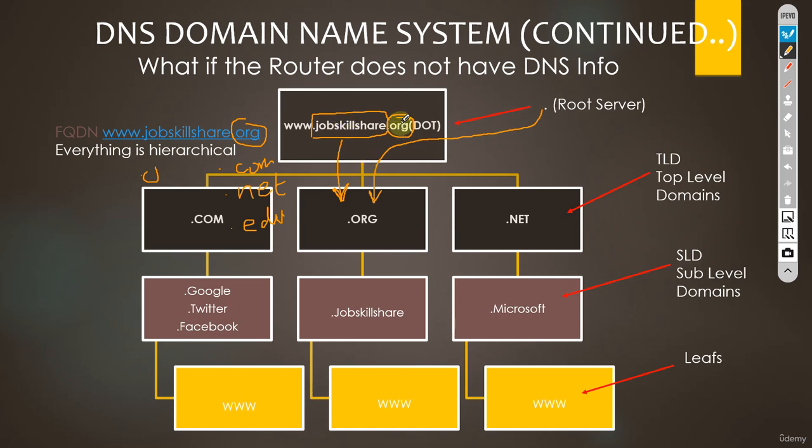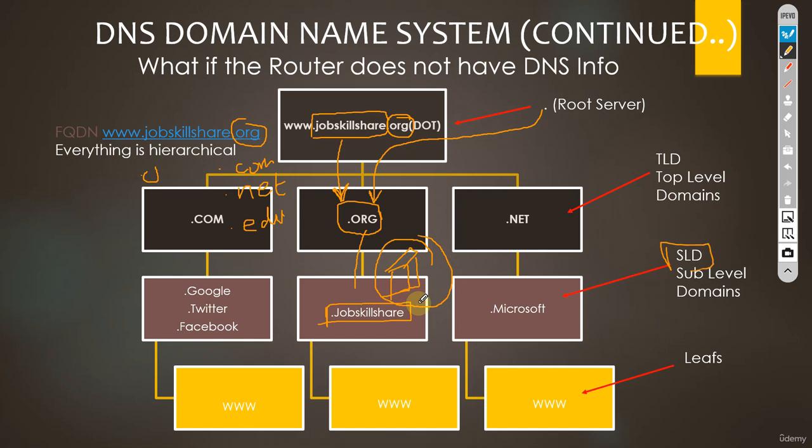So the org or the top level domain will search for the job skill share domain name, and if it is under the org top level domain, and if it finds it, it will send us to where? The sub level domain. The sub level domain is just the part of dot job skill share. Basically it is nothing but the hosting server, and many of us will be familiar with what a hosting server is.